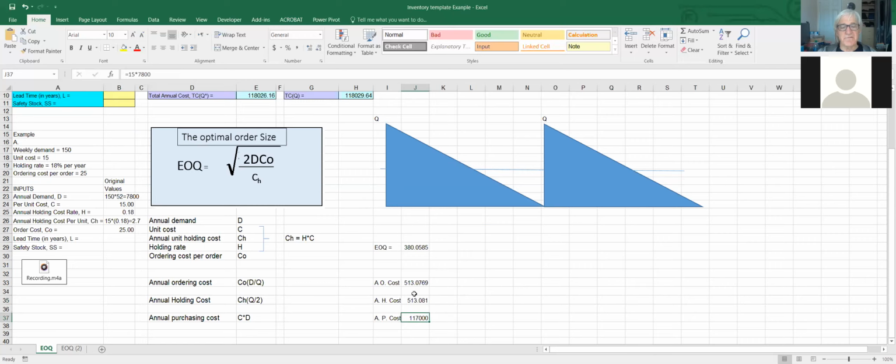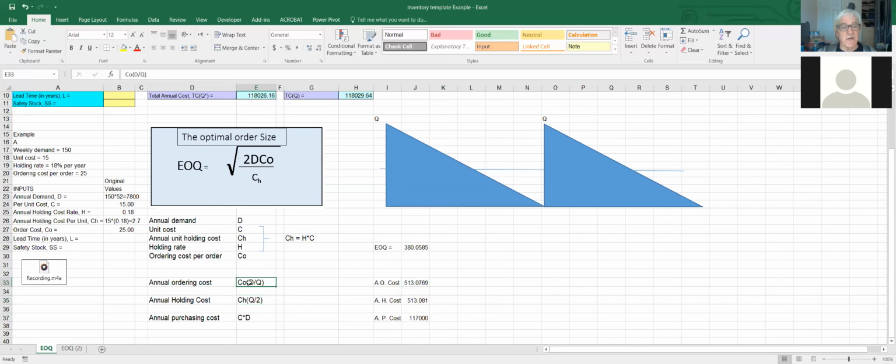So now we have 3 cost components here. If you add them, you get the total cost per year. Now these two are called the total variable cost per year, and the reason is that the variable Q that you, the decision maker, have to determine appears only here and here.